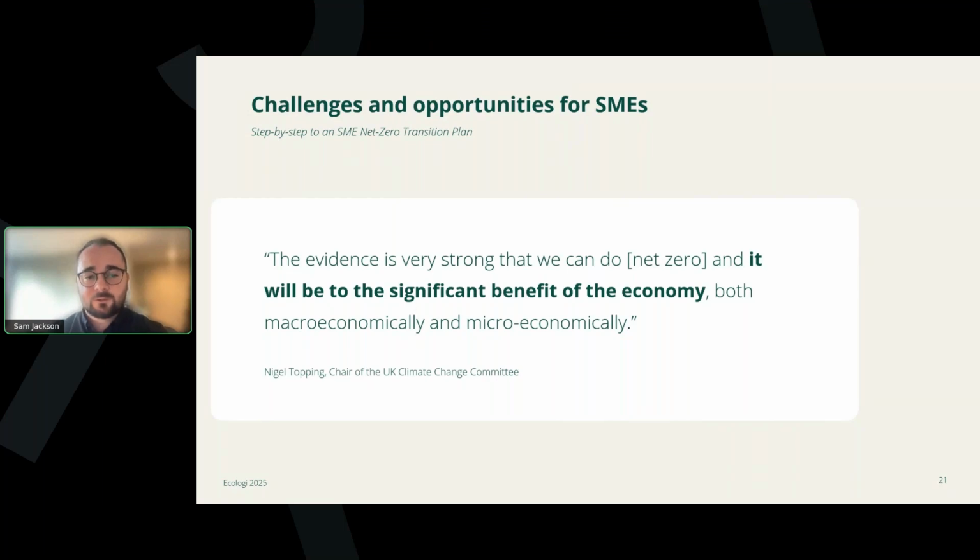The evidence is really strong that we can do net zero, and it will be of significant benefit to the economy, both macroeconomically and microeconomically, both for the UK economy and the global economy, but also for smaller businesses as well. And I think that's a really important point to hammer home. It's aligning those two incentives together.